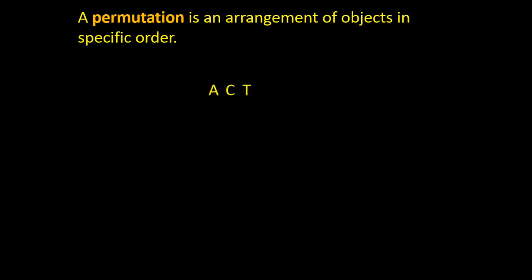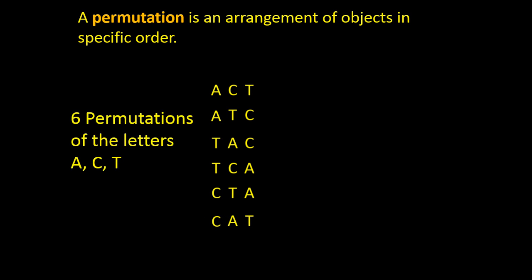So we could just leave them in the order they started with, or we could start to rearrange them, maybe leave the A first but reverse the T and the C, or put the T first and then arrange the A and the C, or maybe put the C first and then rearrange the T and the A. So we end up with 6 orderings, which means we have 6 permutations of the letters A, C, and T.